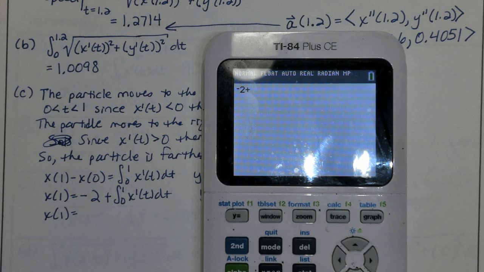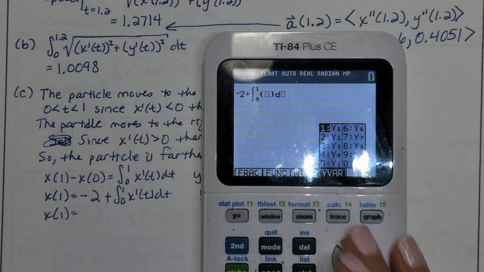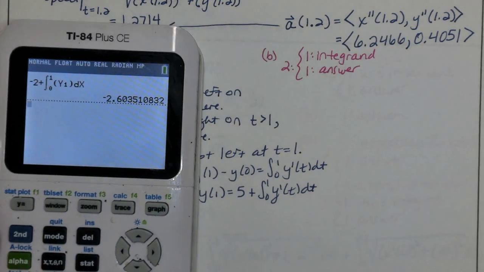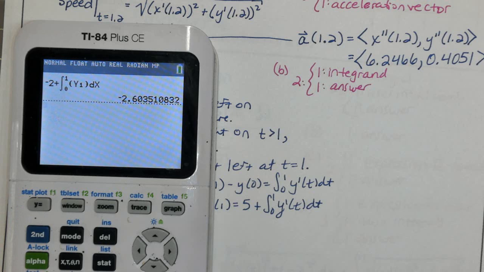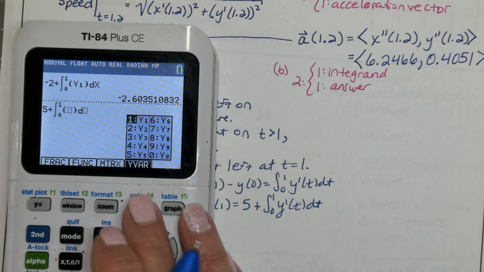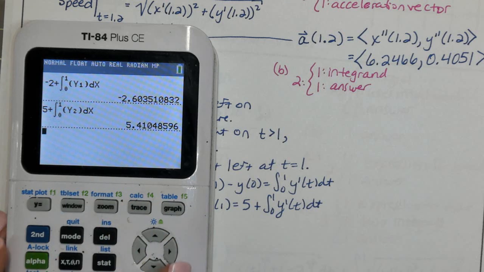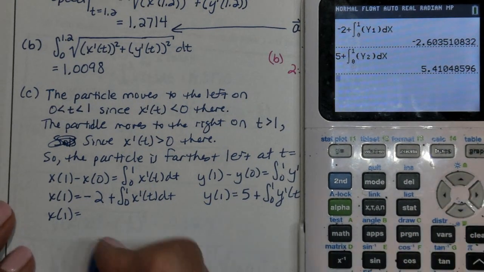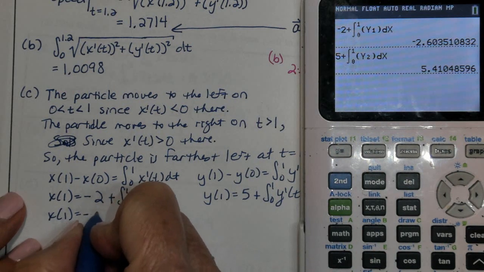Negative 2 plus math 9, 0 to 1 of y1, and 5 plus math 9, 0 to 1 of y2. So I've found the position of the particle at time 1 when it is farthest to the left.